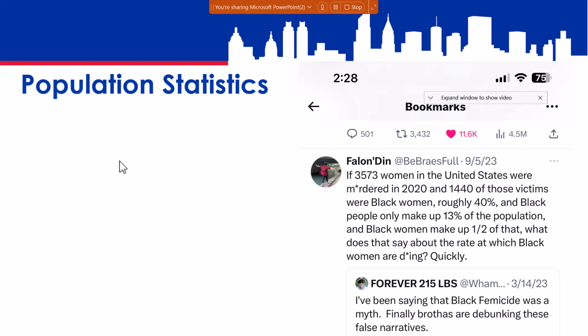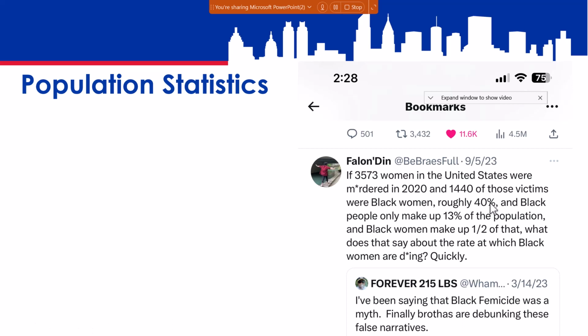It just randomly came up on my Twitter feed. I'll just read it. Now, this person is saying 3,573 women were unalived in 2020, and 1,440 of those victims were Black women. And notice he says they're saying roughly 40%.